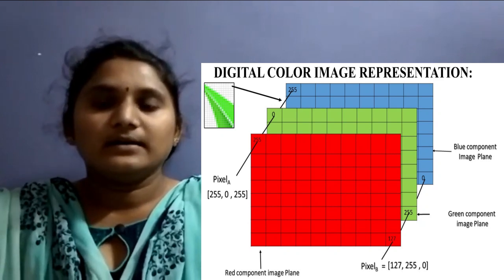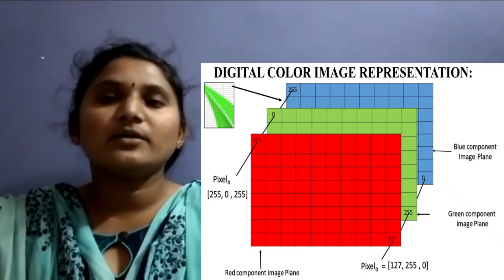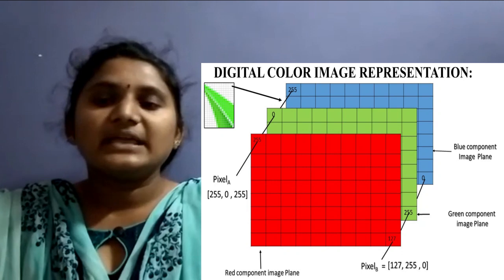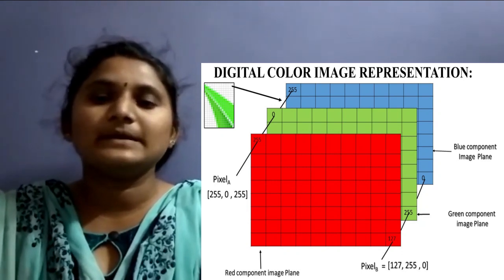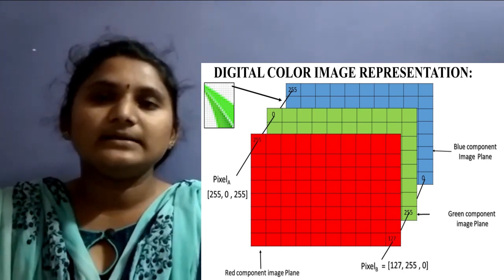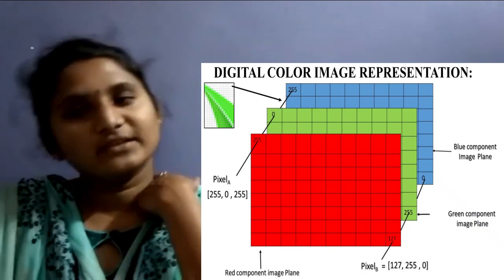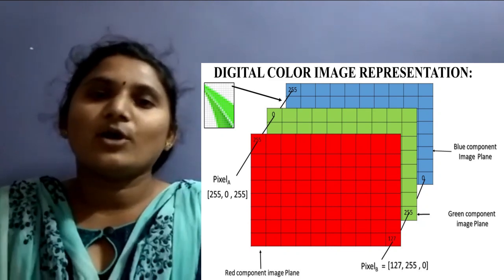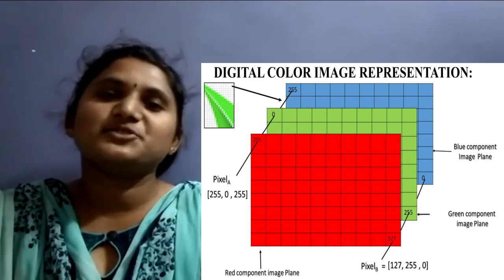Those three colors are primary colors, and all the remaining colors are made by combinations of these three colors only. Each pixel value ranges from 0 to 255 in a digital image, and each pixel value is a vector quantity equal to the weighted sum of the red, green and blue color components. That's why the digital image is also known as an RGB image.